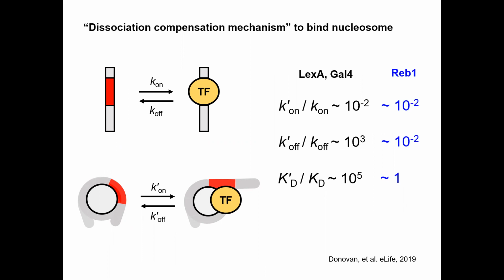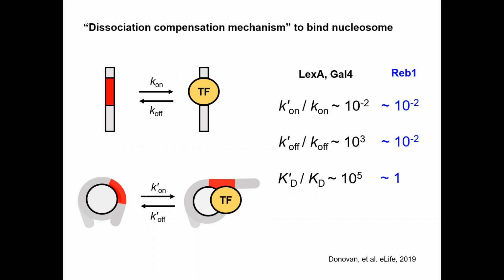So once Reb1 binds to the template, it stays on there. Usually on DNA, it dissociates within seconds. When it binds to nucleosome, it can stay on for minutes to 10 minutes. Okay. And because now the K on and K off changed in the same direction, the effective KD is actually not changed by much. So we call this a dissociation compensation mechanism.